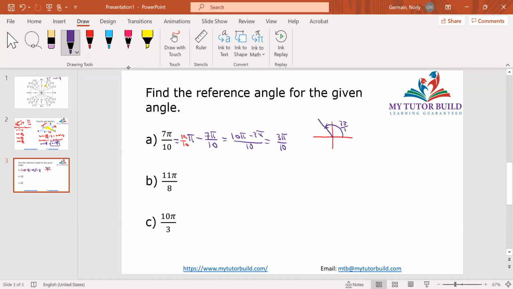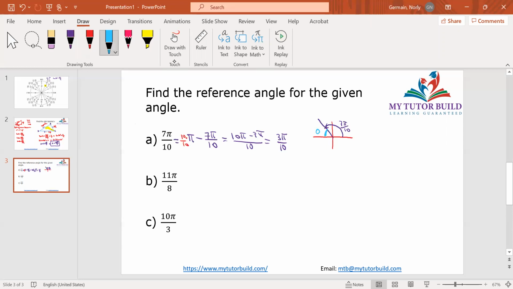Now remember, the reference angle associated with theta is the acute angle formed by the terminal side of theta and the x-axis. An acute angle is an angle less than 90 degrees. So this is the reference angle at this point. That's why we subtract from pi.